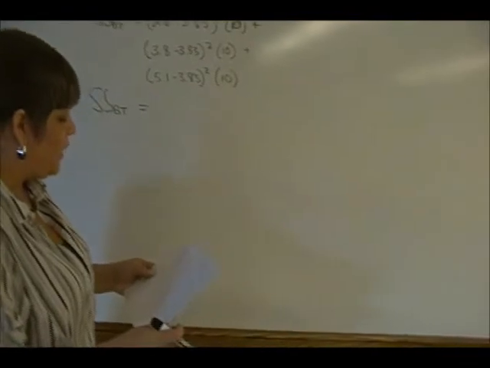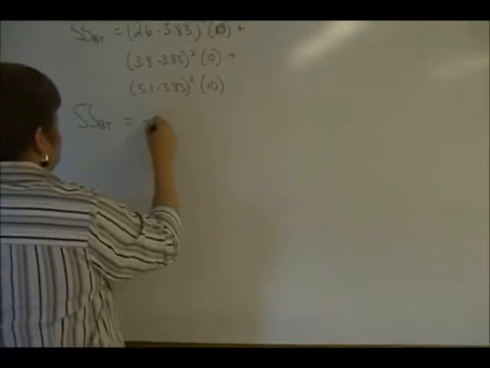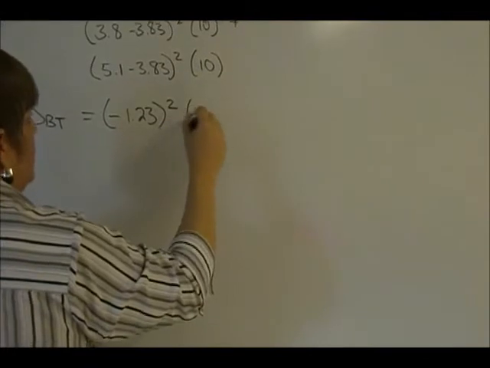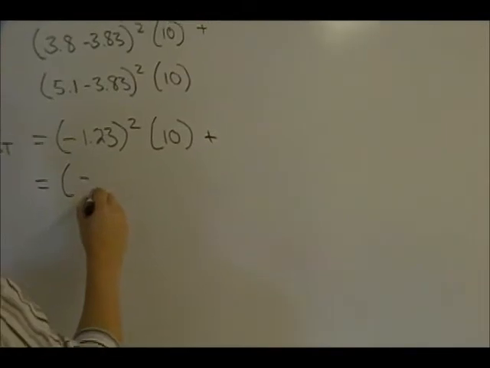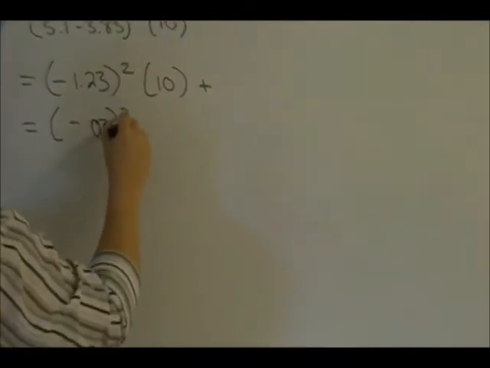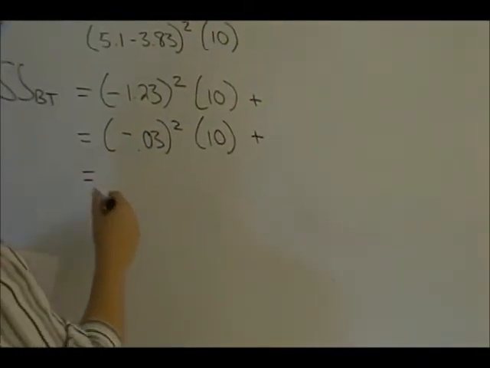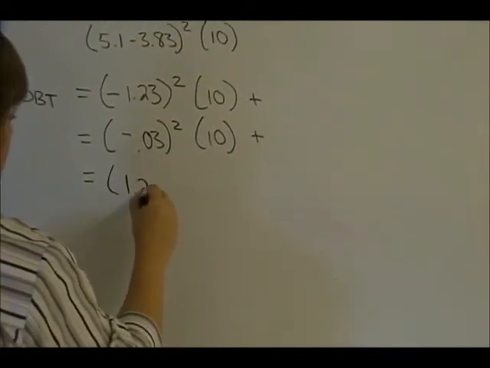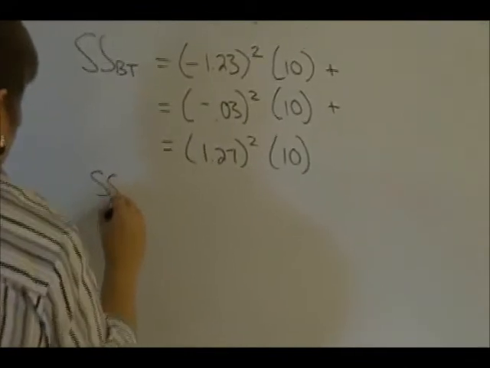But that is going to be, this one here is negative 1.23 squared, again times 10, plus negative 0.03 squared times 10 plus 1.27 squared times 10, okay? So now we want to square those values.